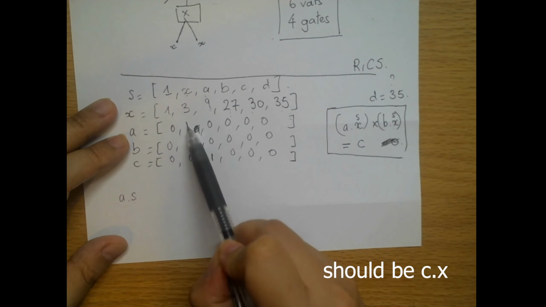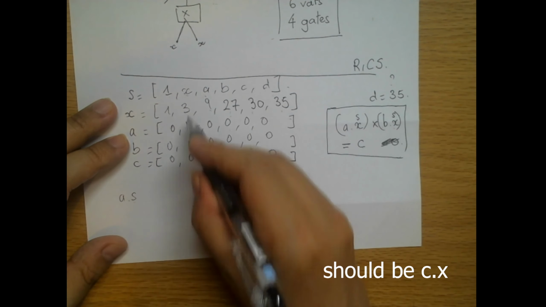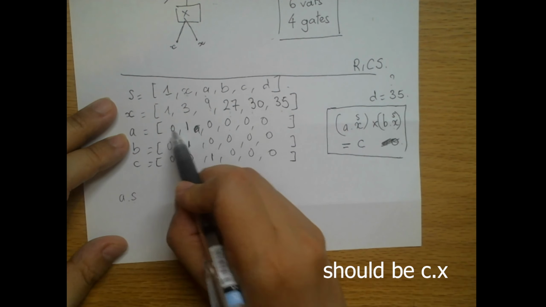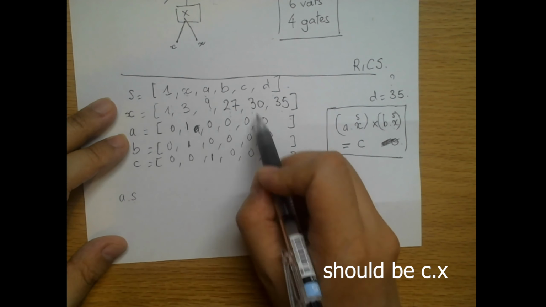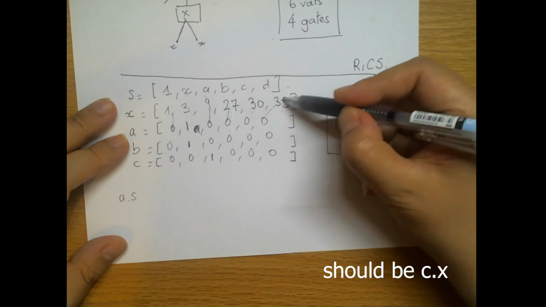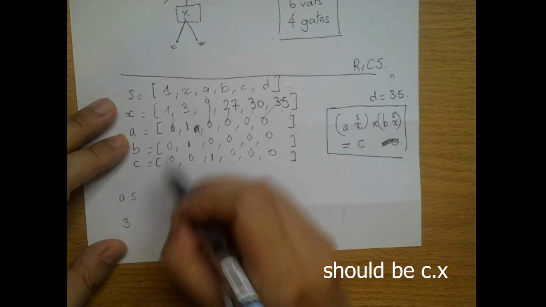The only thing I'm going to pick with this multiplication is the term X. So in this particular case, it's going to be equal to 3, right? If I do this, it's going to be 0 0 0 0 0 0. So all these guys are 0, right? And then 1 times 3. So I have 3, which is the X term.